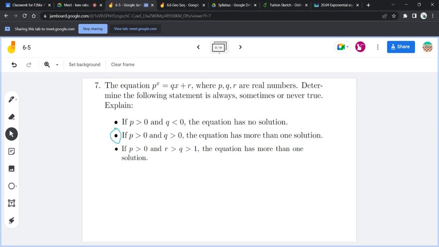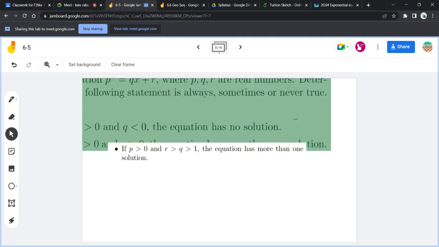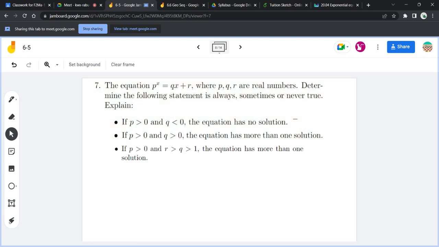What you need to say is whether this statement is always true, or sometimes true, or never true.